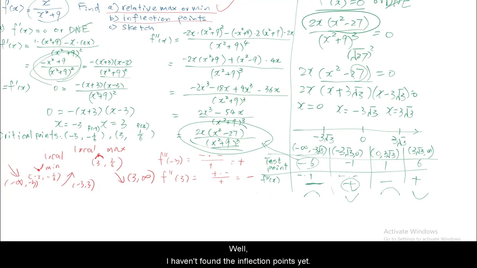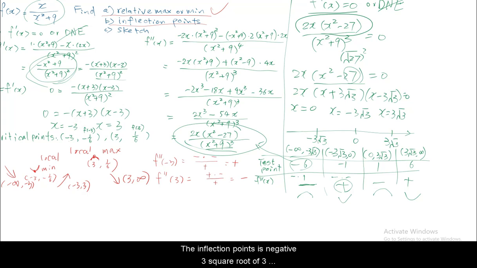Oh, I haven't found the inflection points yet. The inflection points are negative 3 square root of 3 and f of negative 3 square root of 3. I'll do that calculation later. And then 0, f of 0, whatever that is, and 3 square root of 3, f of 3 square root of 3.